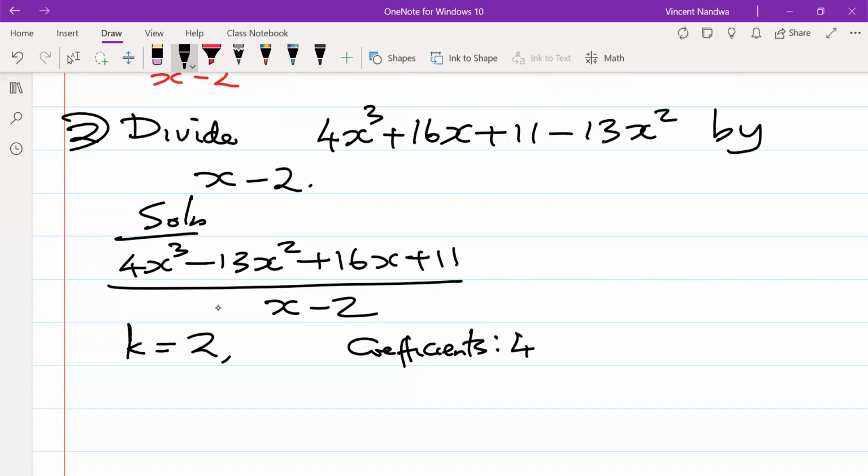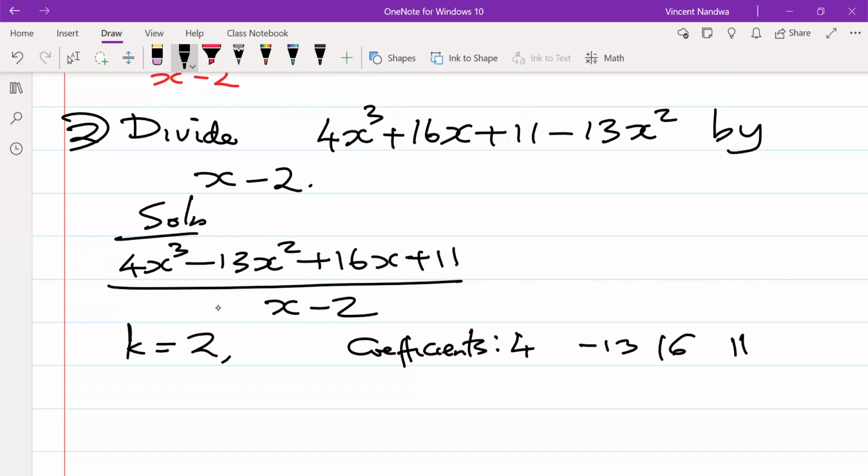Then we have negative 13. 16. Please don't be lazy. You write all the coefficients.